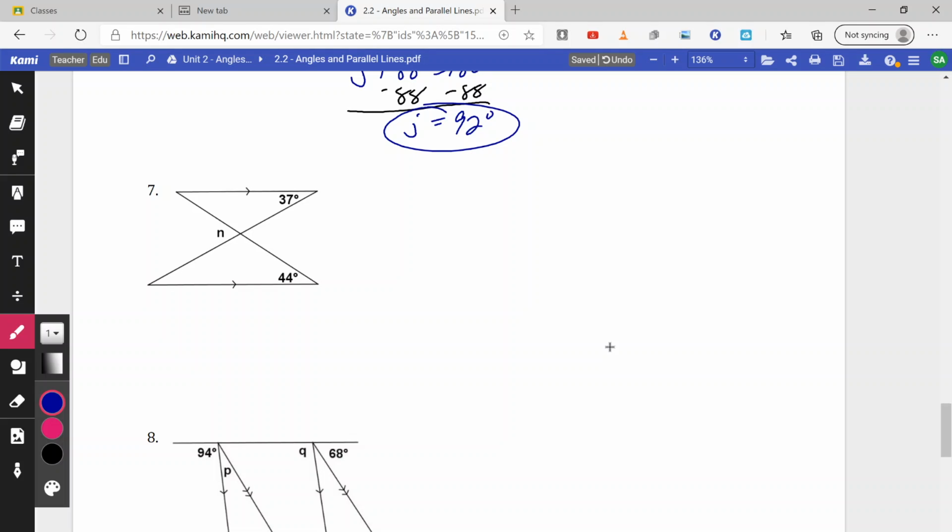Number 7, parallel lines cut by a couple transversals here, and so we just take a look at what we are dealing with. So parallel line here, parallel line there, cut by a transversal. Let me make that a little bit better.